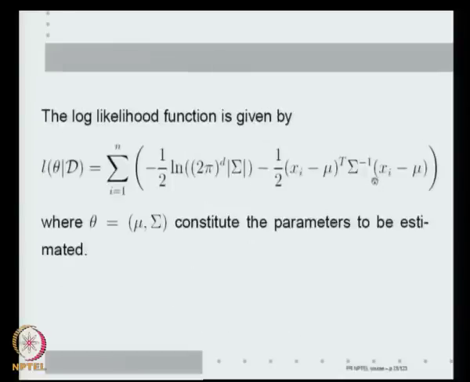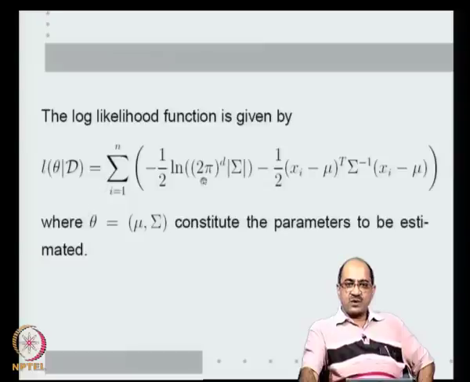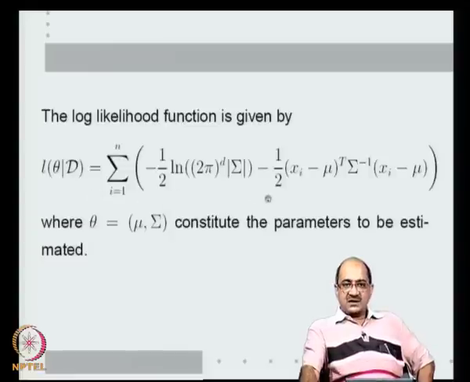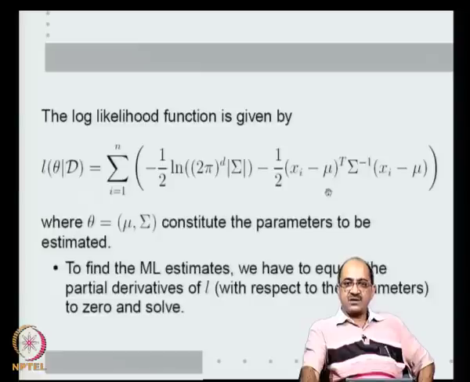So, that gives me this as the log likelihood function. Summation i equal to 1 to n of minus half ln 2 pi to the power d into determinant of sigma, minus half xi minus mu transpose sigma inverse xi minus mu. Once again, mu and sigma constitute the parameters to be estimated. So, to get these estimates, I have to differentiate the log likelihood with respect to mu and sigma and equate it to 0, right.